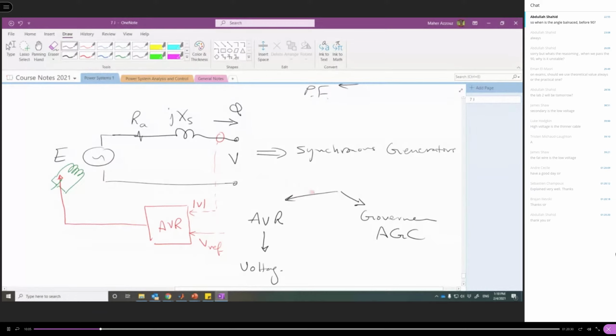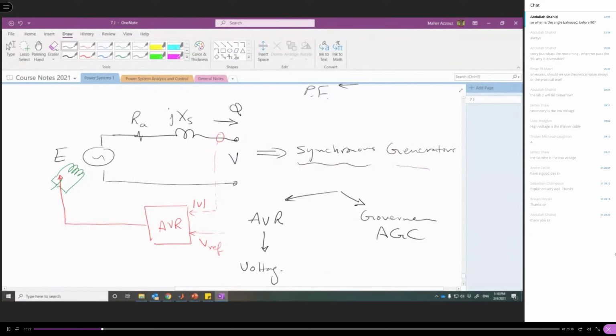Okay, so those controllers have to be considered in our analysis, and I'm going to show you at the end of this course how we take these two controllers into account when we model synchronous generators for power flow analysis.